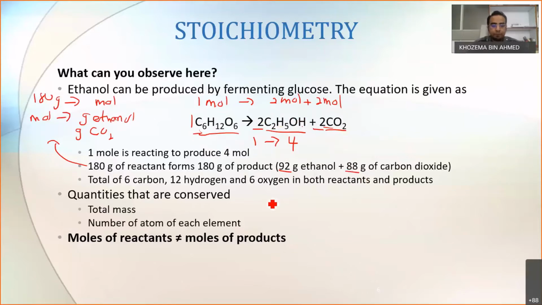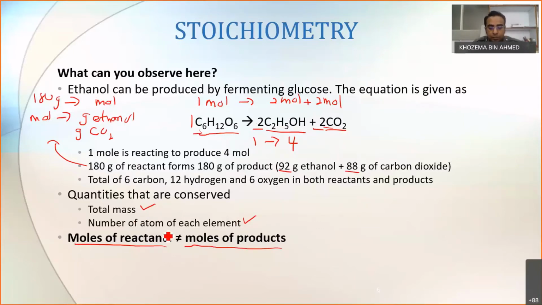Okay, so the main idea that I would like to tell you is that the quantities that are conserved, that are the same on the left-hand side and the right-hand side, are the total mass and total number of elements, which are our carbon, hydrogen and oxygen. But our mole of reactant is not the same as the mole of product.